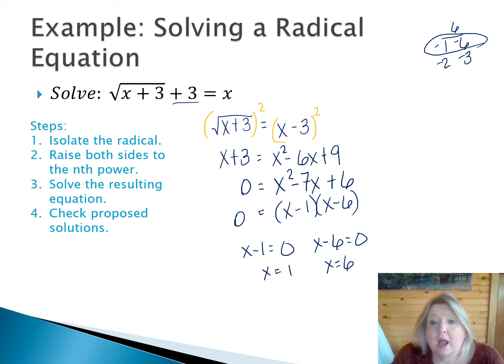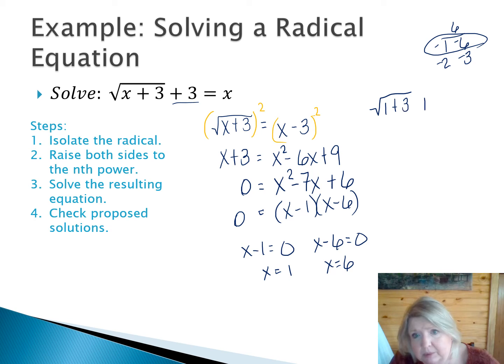Okay, now, Miss Harrell said, don't you dare skip checking on this one. It could be that x is 1, it could be that x is 6, and it could be that x is neither one. The only way I know is to check. So I'm going to check my 1 first. 1 plus the square root of 1 plus 3 equals 3? Well, 1 plus 3 is 4, so the square root of 4 is 2, but 1 plus 2 does not equal 3.